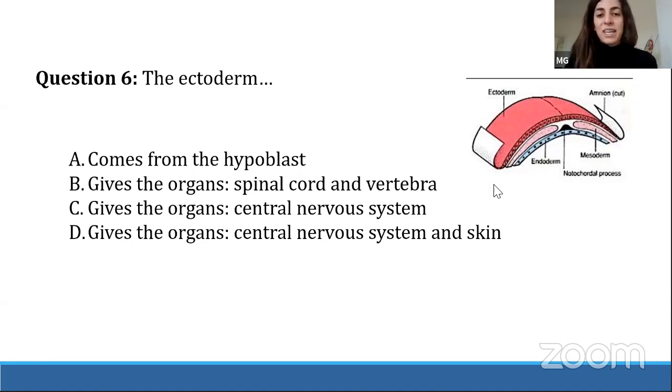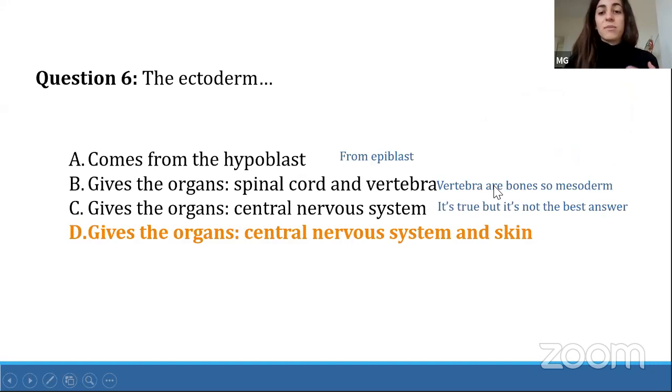Sorry, there was a little trick here because of course central nervous system is correct, but it's not the best answer because it's missing the skin, right? The ectoderm gives rise to the central nervous system, which is the brain and the spinal cord, but also the skin. Okay, and so the second option gives the spinal cord and vertebrae. The vertebrae are bones, right? So they come from the mesoderm.